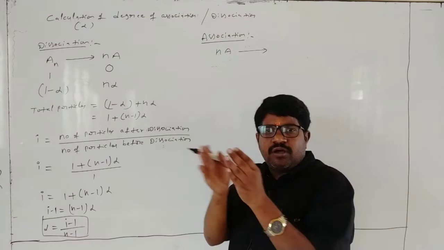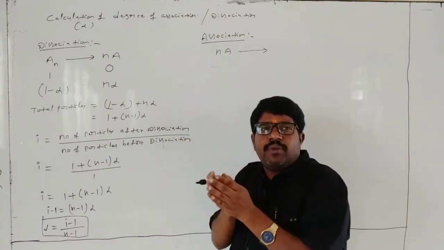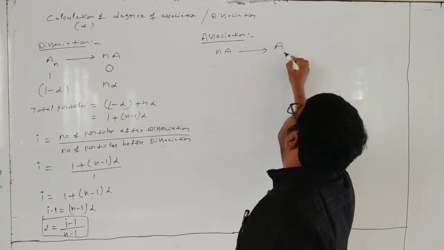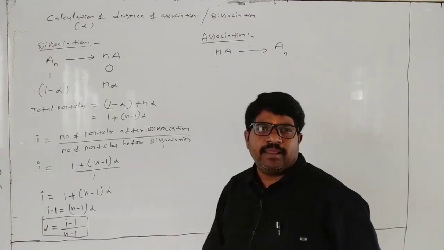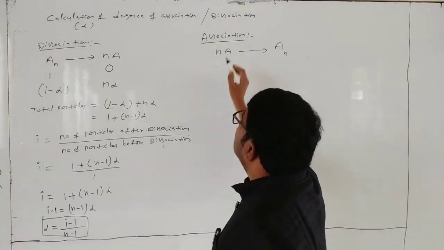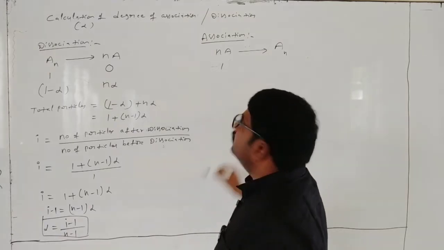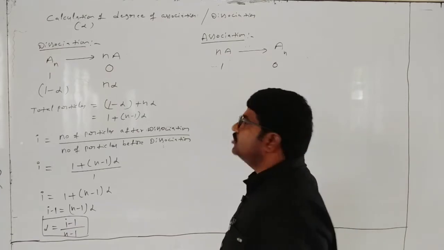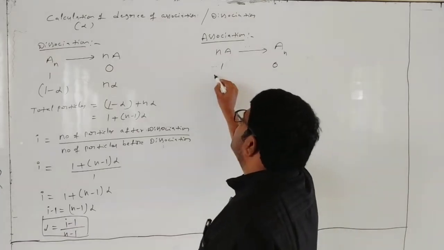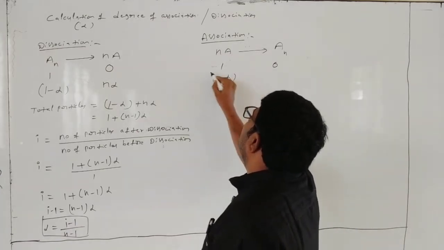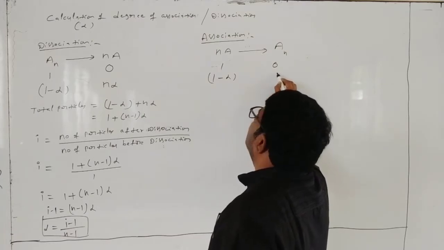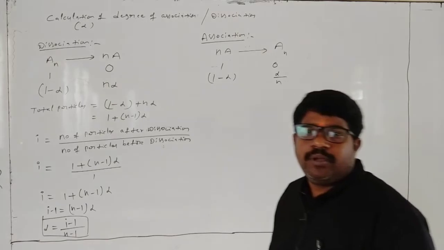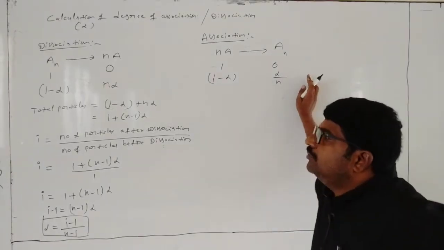Association means they form one molecule; molecules combine to form one A_n molecule. Initially it is 1, and now it is 0. After association, it is 1 minus alpha, and alpha by n molecules are formed.